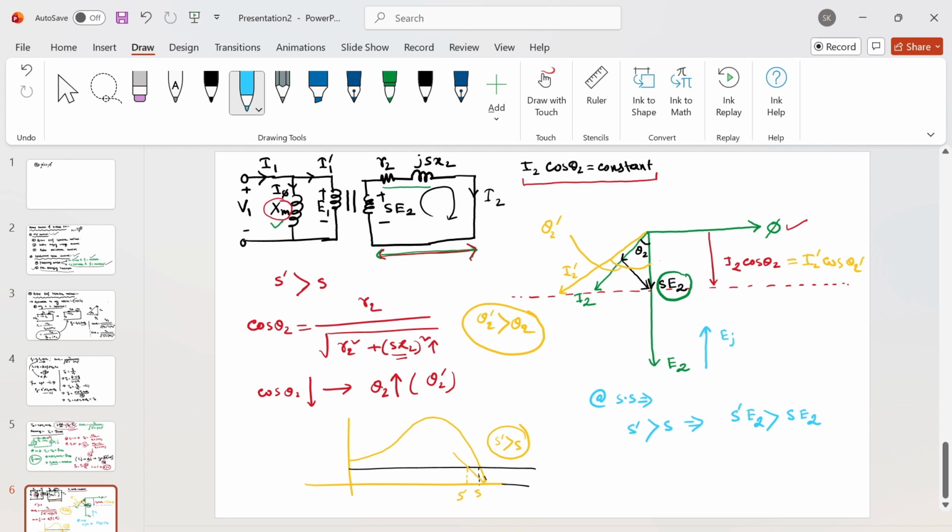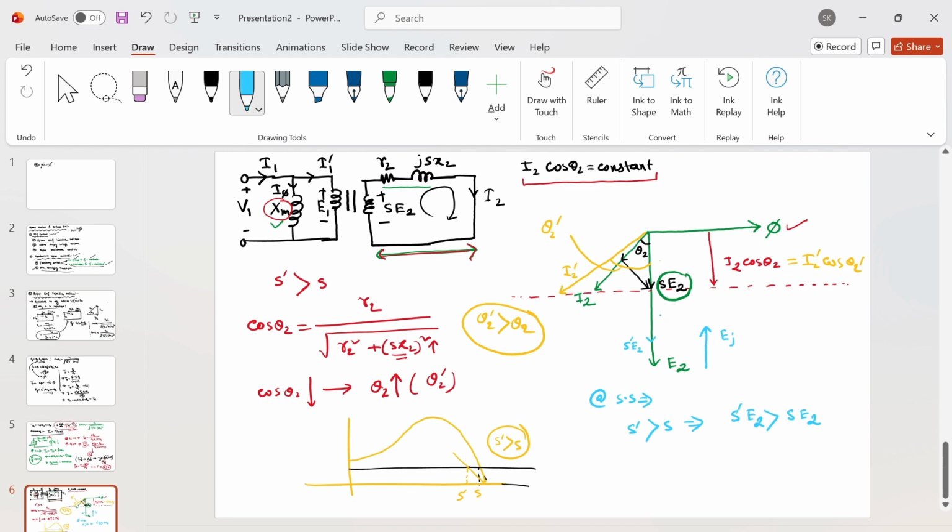So maybe here I can show it, S prime E2. Sorry, no, it is not S prime E2 actually, it will be slightly larger than this. So here let's say it is your S prime E2, because I have to subtract also, right?